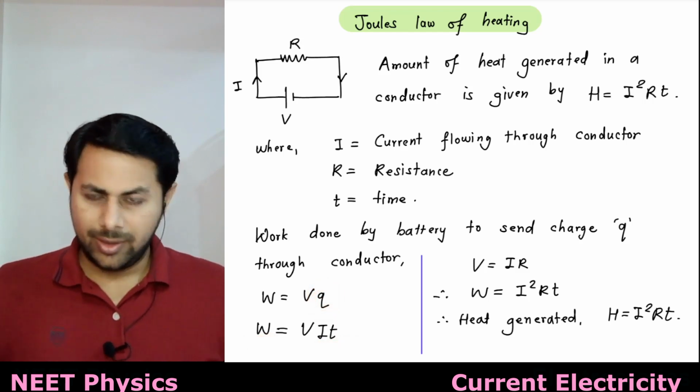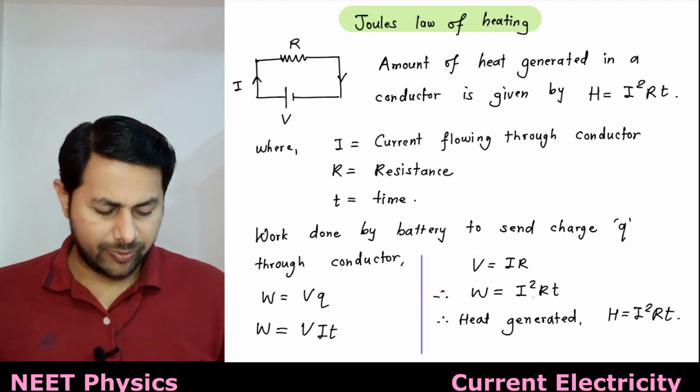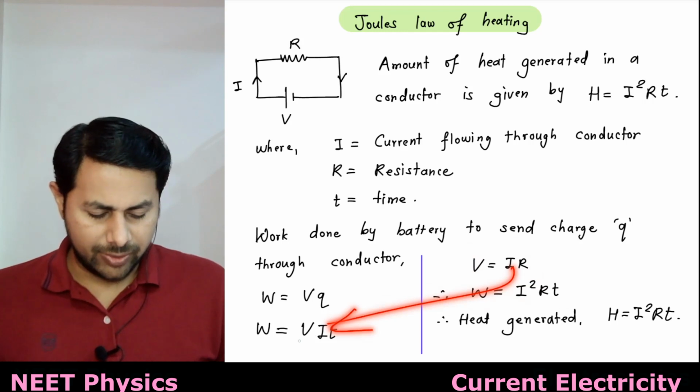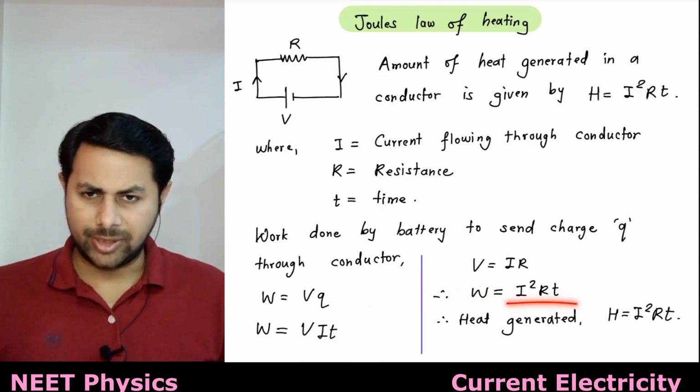Then you can substitute V is equal to IR in this equation, and you get work done is equal to IR times IT, so it's I square RT. That much is the work done.